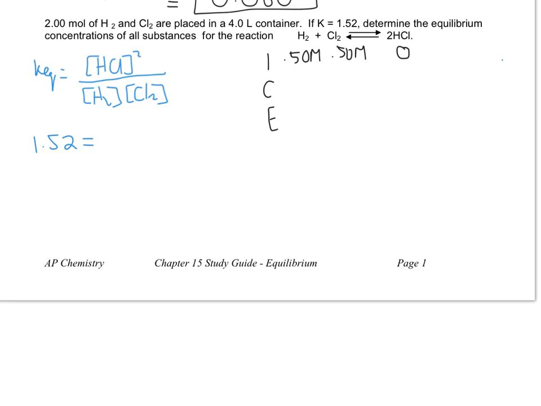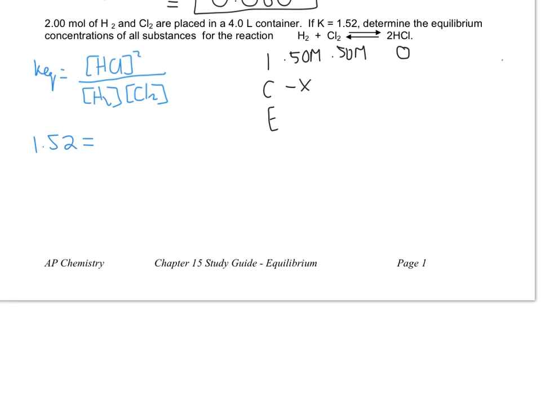I'm not given any other information, so I need to try to figure this out. I don't have any of the changes, but let's say that H2 decreases by X, since I don't know what amount it decreases by. So minus X is my change.